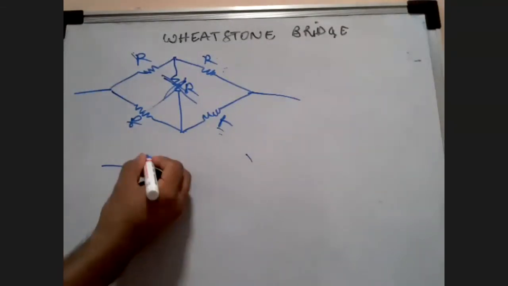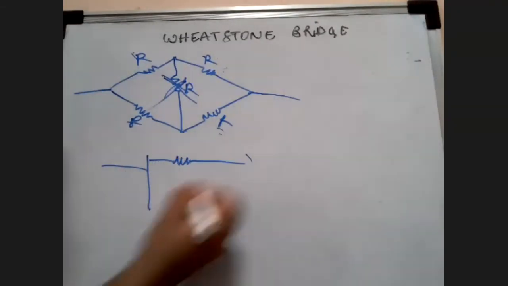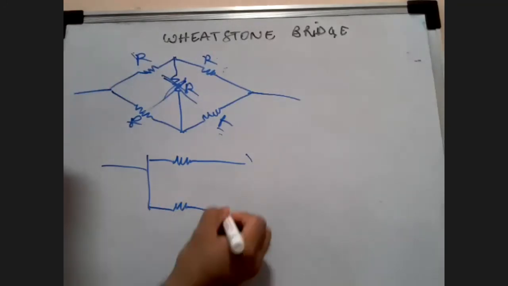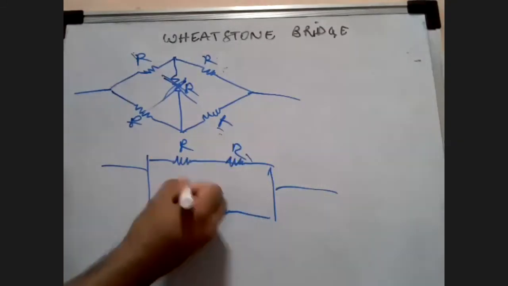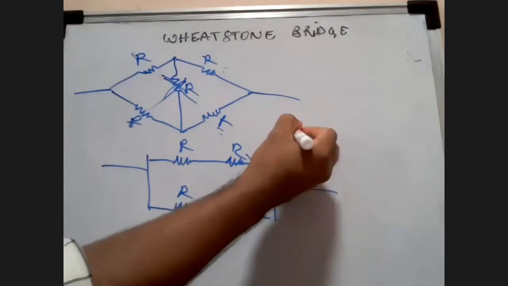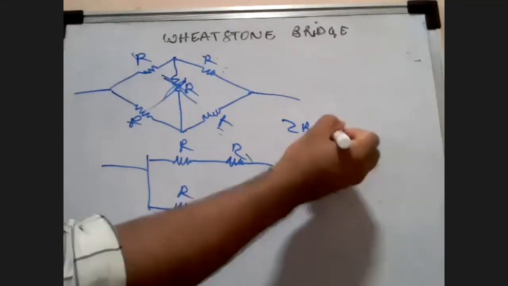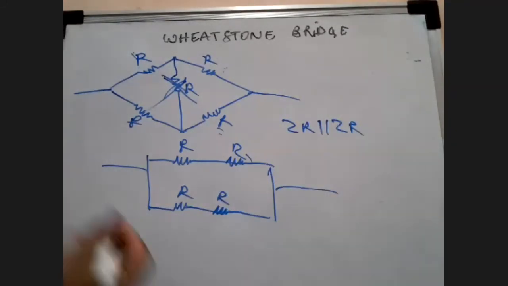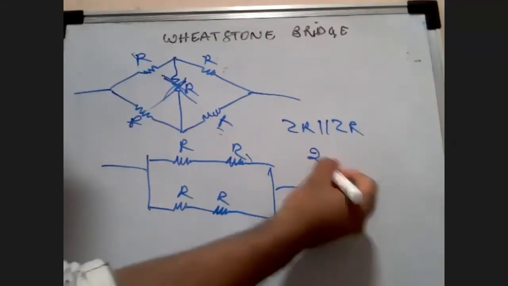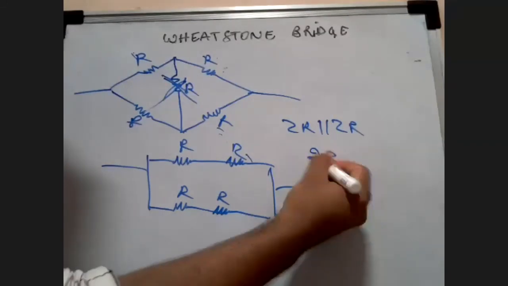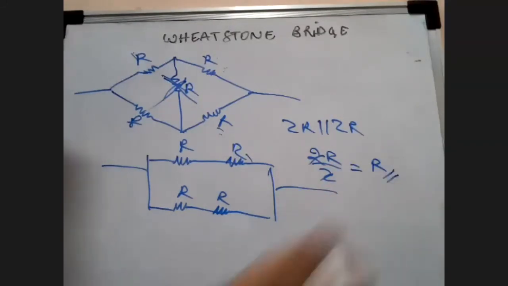Forget that resistor and redraw the diagram. Two resistors in series, 2R parallel with 2R. So we can say 2R by 2, and that is simply R. That's your resistance.